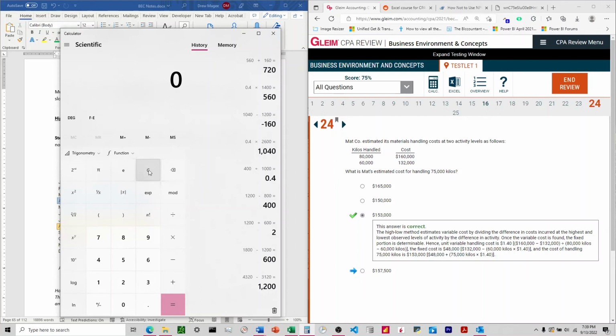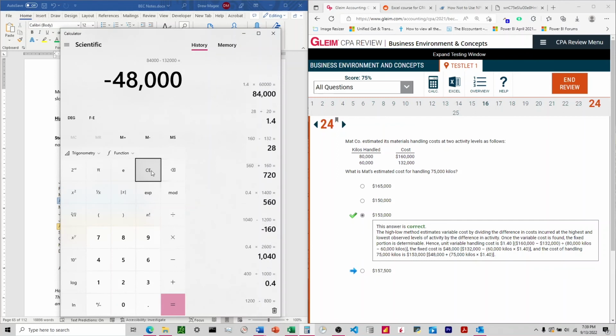So to do this, again, 160 minus 132 is 28, and we can see that the difference over there is 20, so we're going to go 28 over 20, it's 1.4. Now we can times this by, let's do 60,000, so 84, and then subtract the 132 cost.